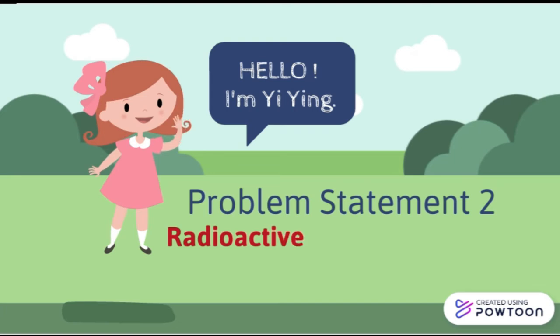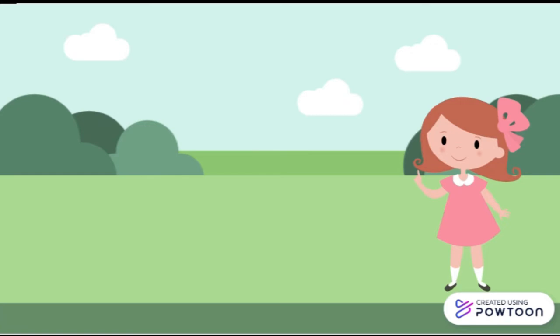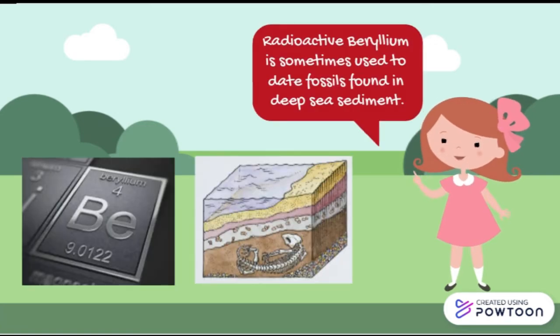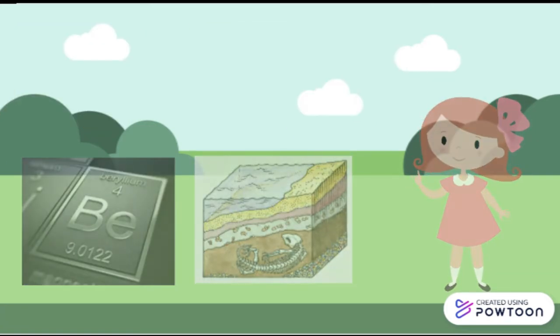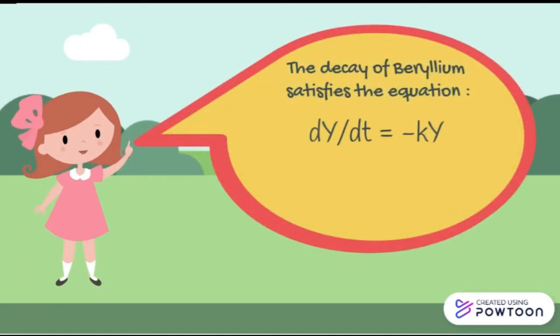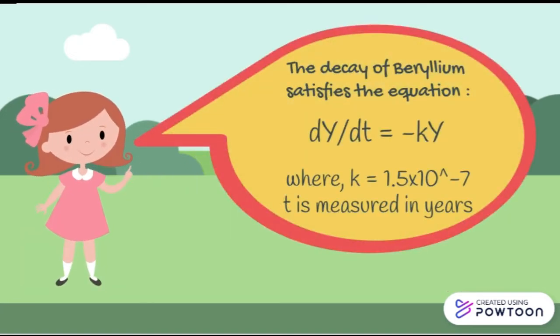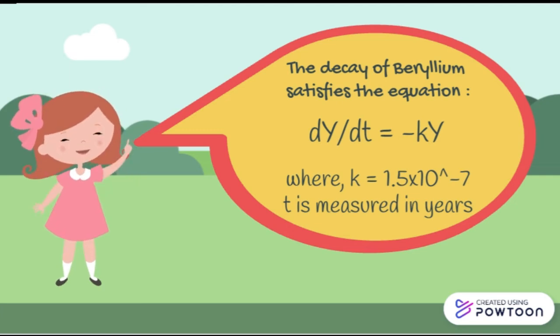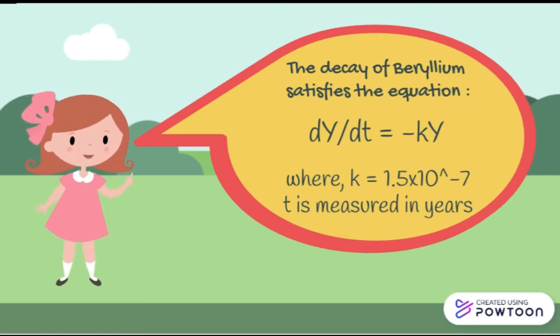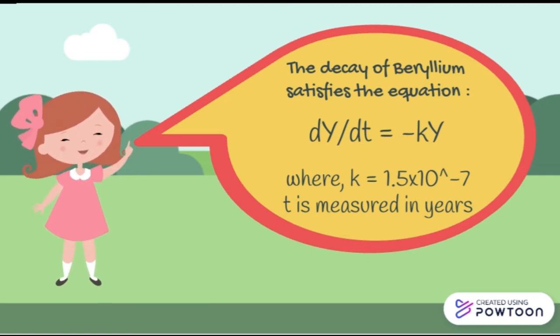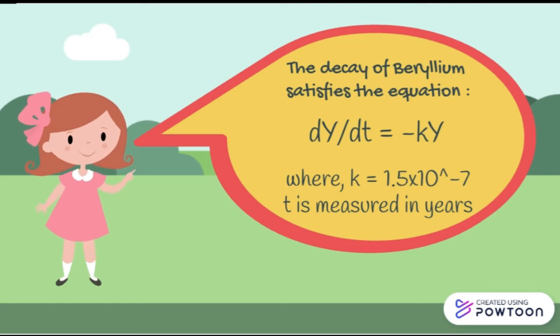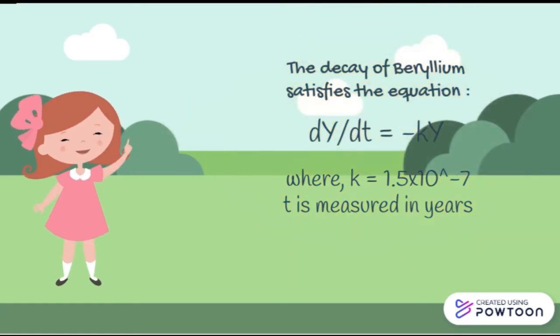I'm going to explain problem statement 2, radioactive decay of beryllium. Radioactive beryllium is sometimes used to date fossils found in deep sea sediment. The decay of beryllium satisfies the equation dy over dt equals negative ky, where k is equal to 1.5 times 10 to the power of negative 7 and t is measured in years.